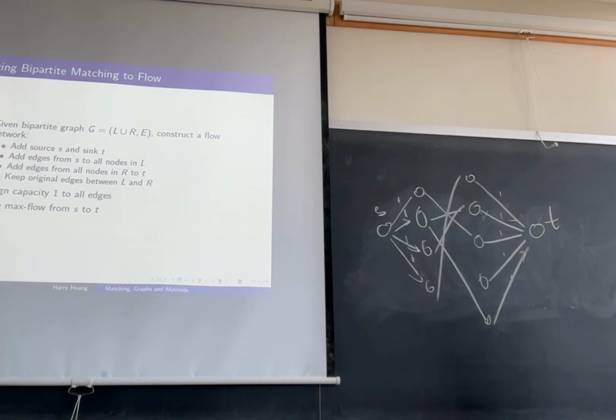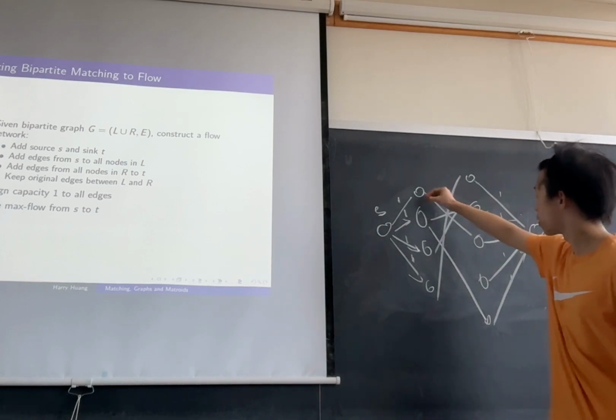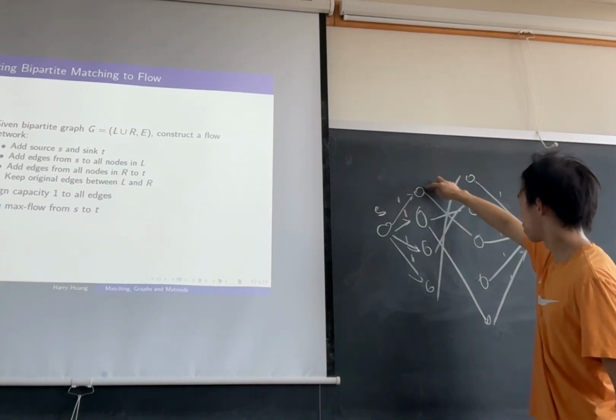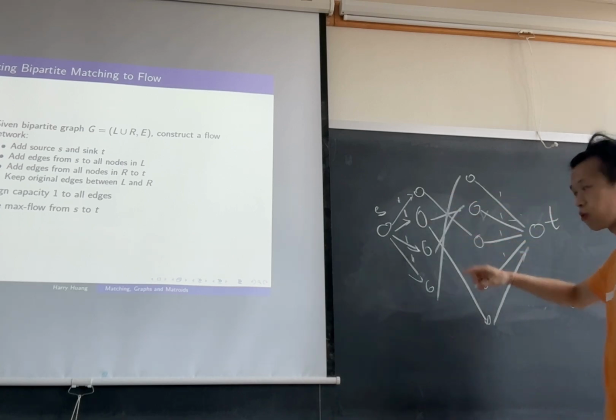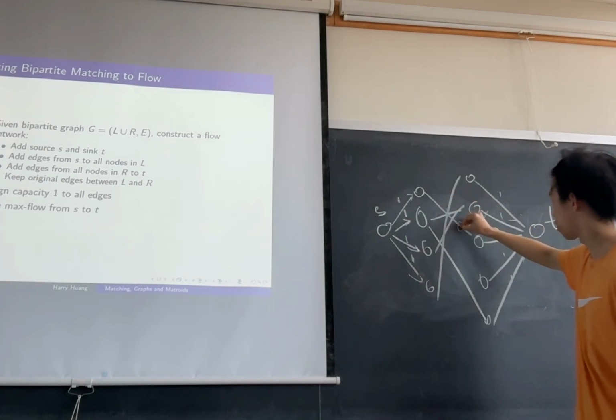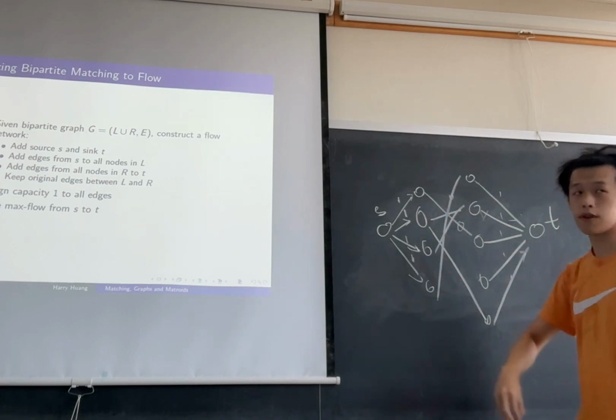If we have a legal flow here, we can call it water or just flow. Every flow here must be sent to some certain node, and every edge that has flow we can see as a part of a matching.